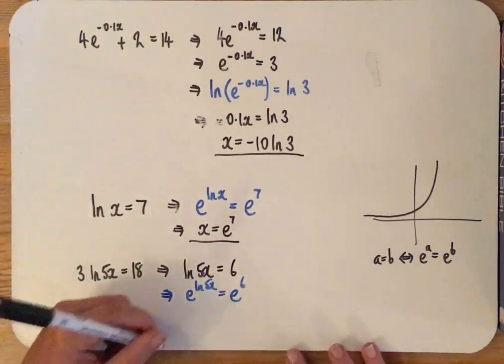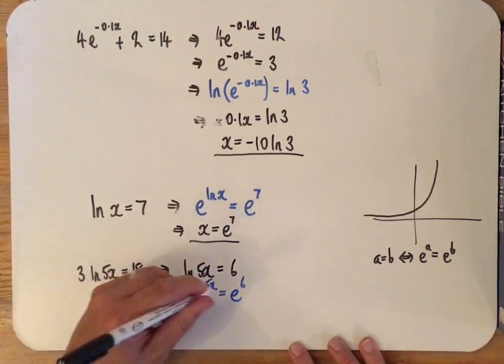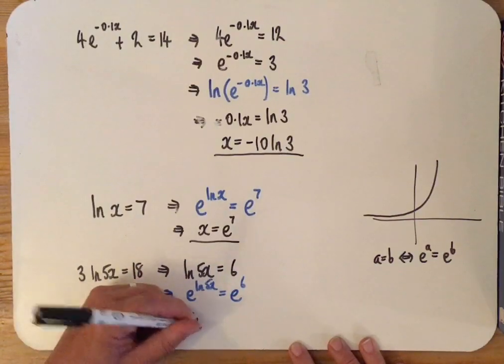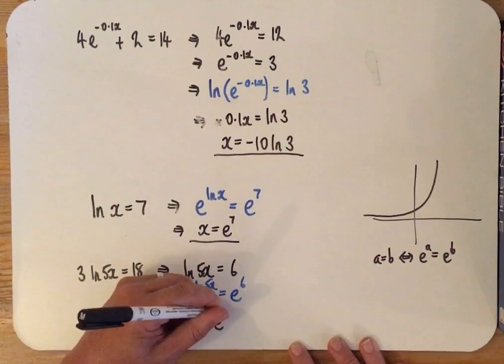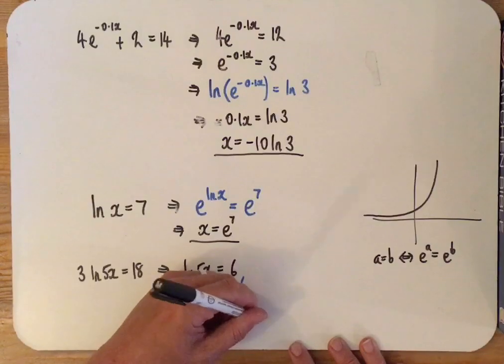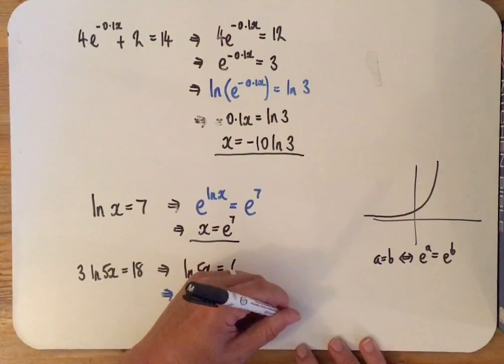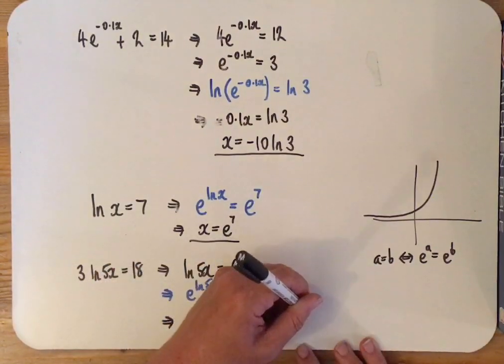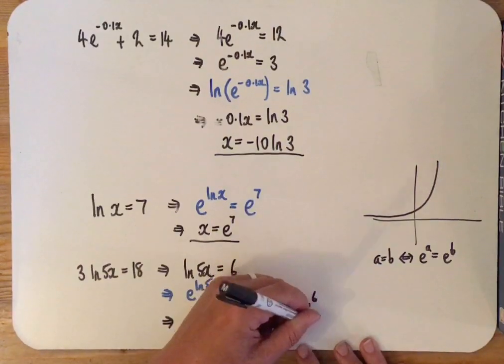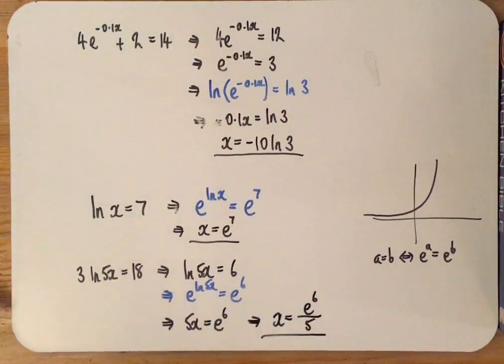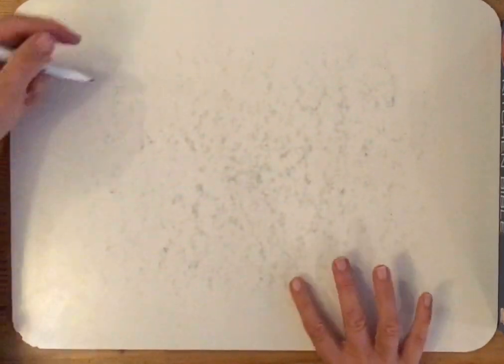Like so, and e to the power of ln 5x is 5x equals e to the power 6, and so x is 1/5 e to the 6 or e to the 6 over 5, whichever you prefer. You'll just get used to this. It's one of those things you sort of get used to and then you don't really think about it so much. I'll just do one more.